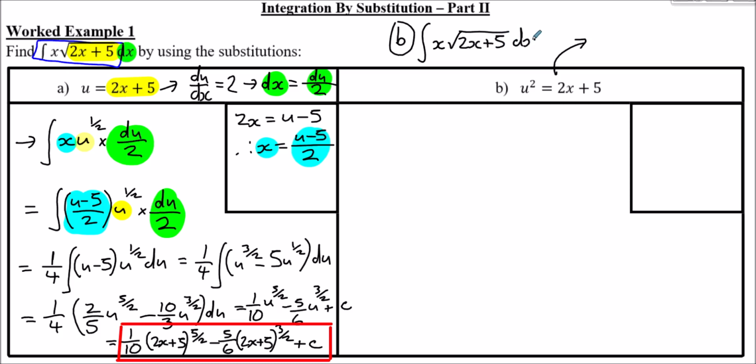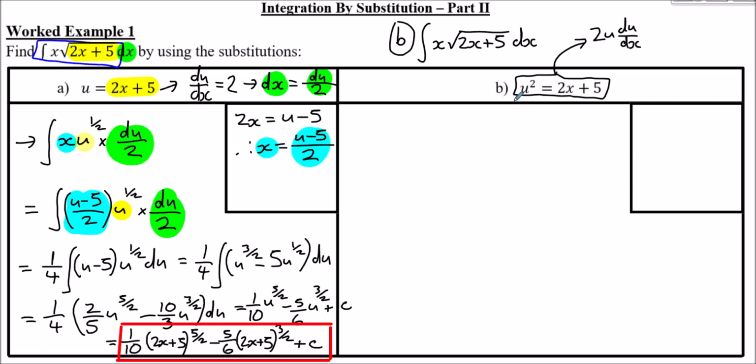dx. But here, because u squared is 2x plus 5, again, we still need to take the derivative of both sides. So if I differentiate u squared, this is a chain rule job. So differentiating u squared, if I call, for example, y equals u squared using the substitution, dy by dx will be dy by du, differentiate u squared is 2u, times by du by dx, which can leave exactly as it is.